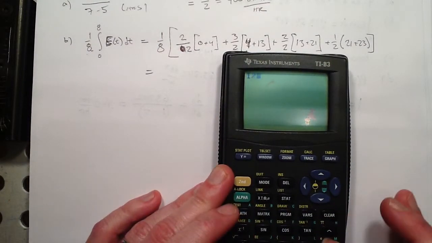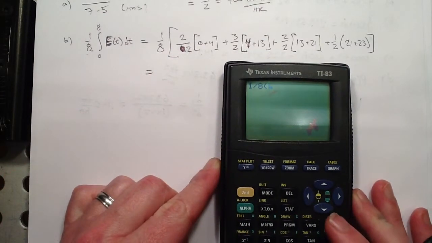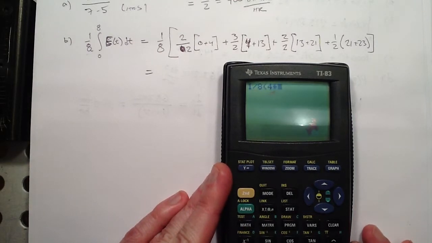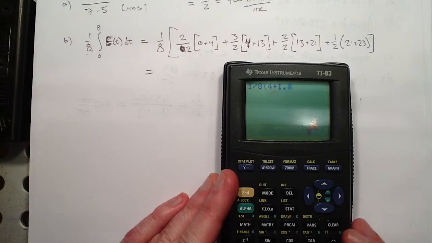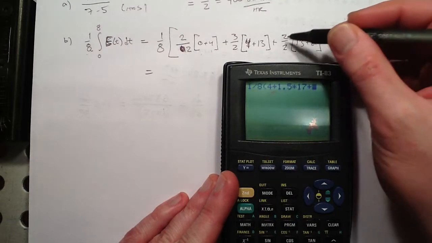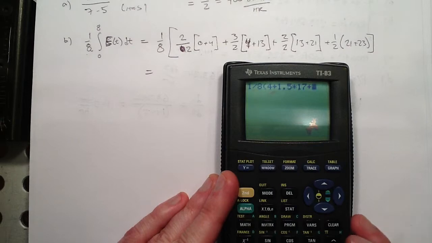So we have 1/8 times 2 over 2, and that's just 1, right? And that's 0 plus 4 is 4, plus 3 halves times 4 plus 13 is 17, plus 2 over 2 is 1, times 13 plus 21 is 34, plus 1/2 times 21 and 23 is 44.